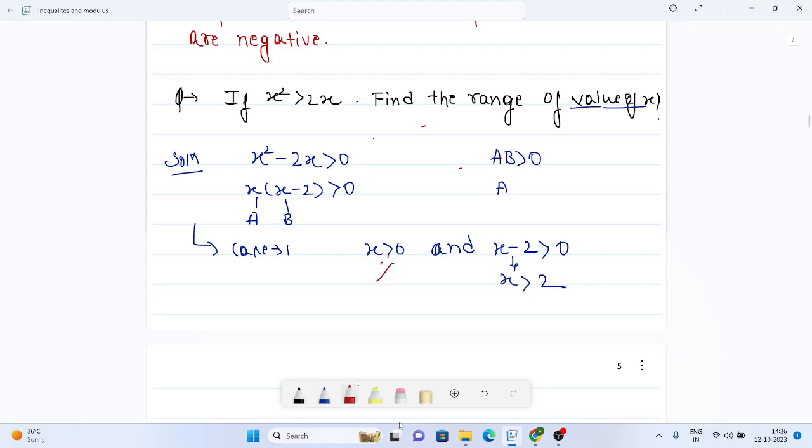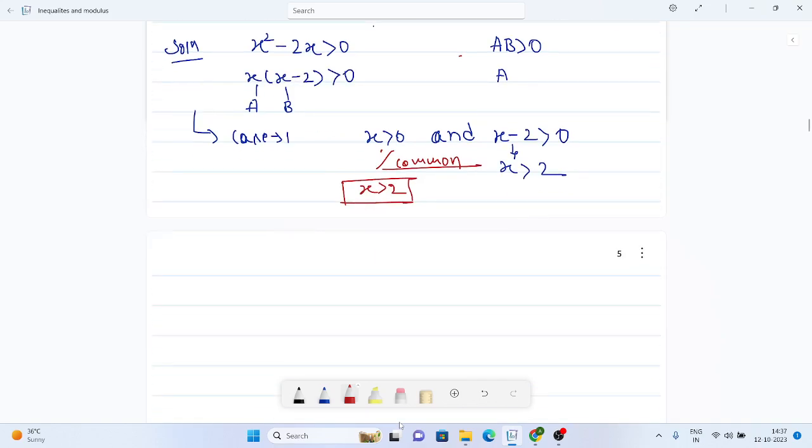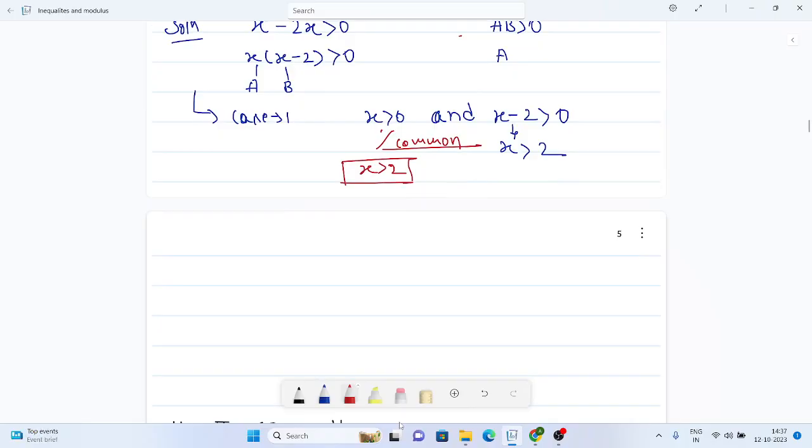If x is greater than 2, then definitely x is greater than 0. If you understand this, then it is better, but if not, then you use the number line.